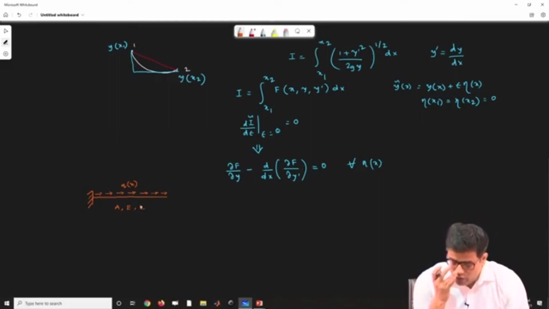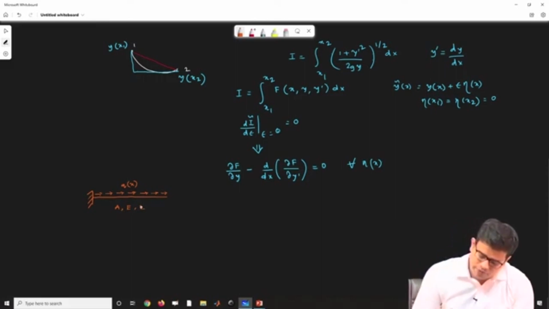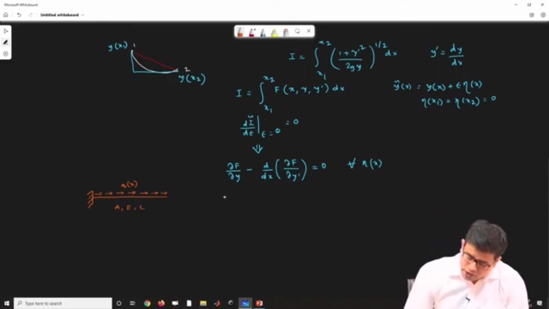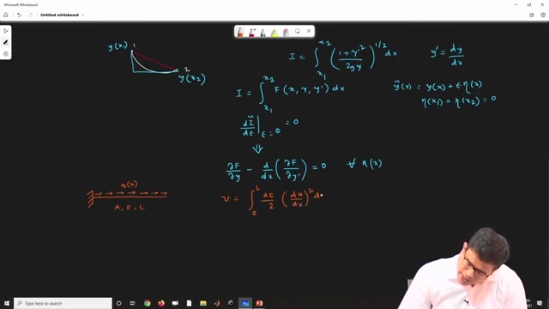So now we know the strain energy for this bar. The strain energy of this bar we know is integral 0 to L of AE by 2 times (du dx) whole square dx. So how do we get this strain energy?